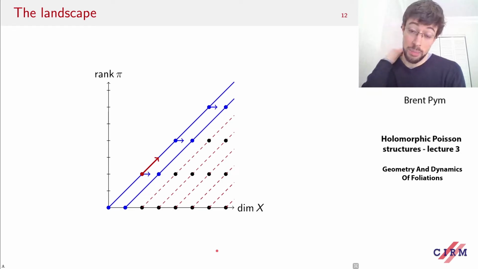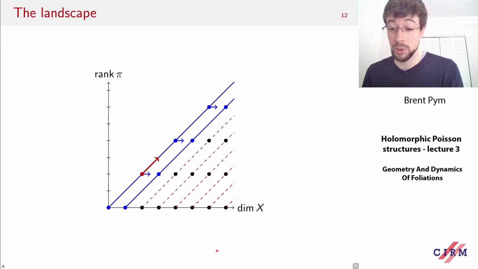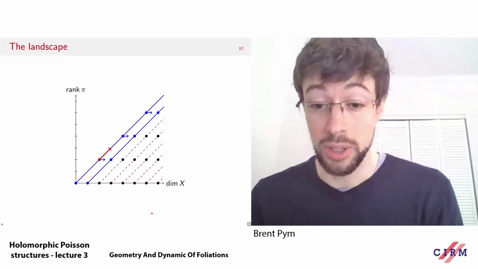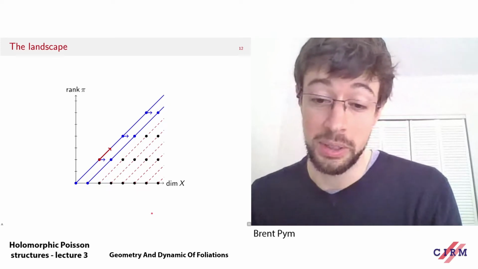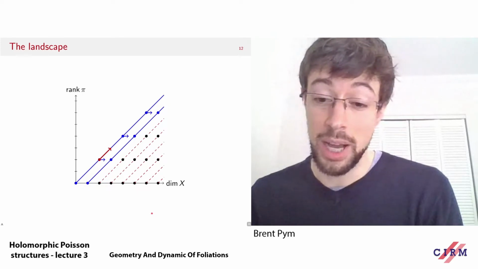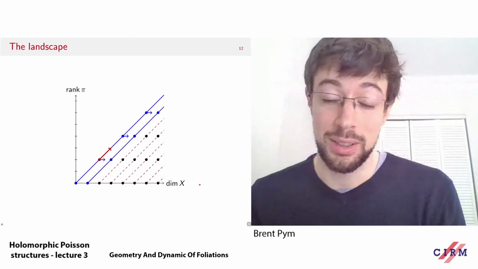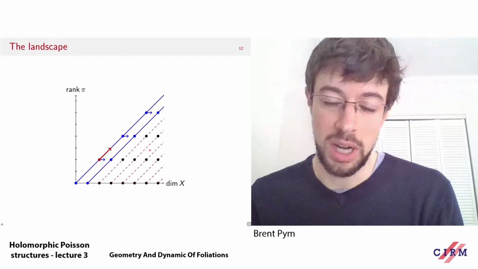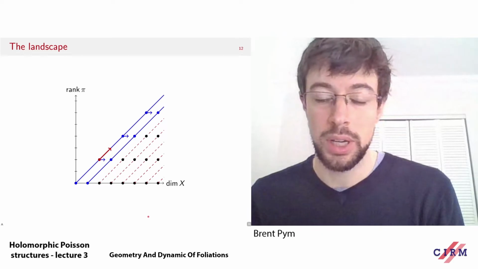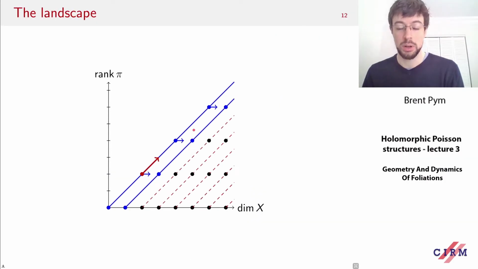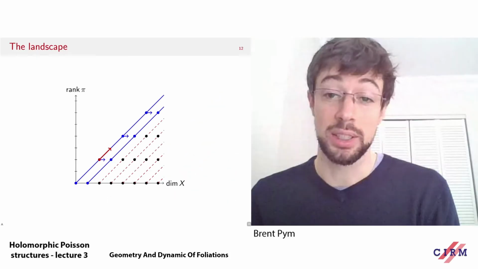Now, as you go up in higher co-rank, the situation becomes more complicated. There are some results, including results of the authors on the previous slide. I'm not fully up to speed on the status of this problem in higher co-rank. So in the remainder of the lecture, rather than focusing on the details of these structures, I'd like to mention one general topological observation, which is going to be relevant for us even when we consider the case where the rank is not constant.